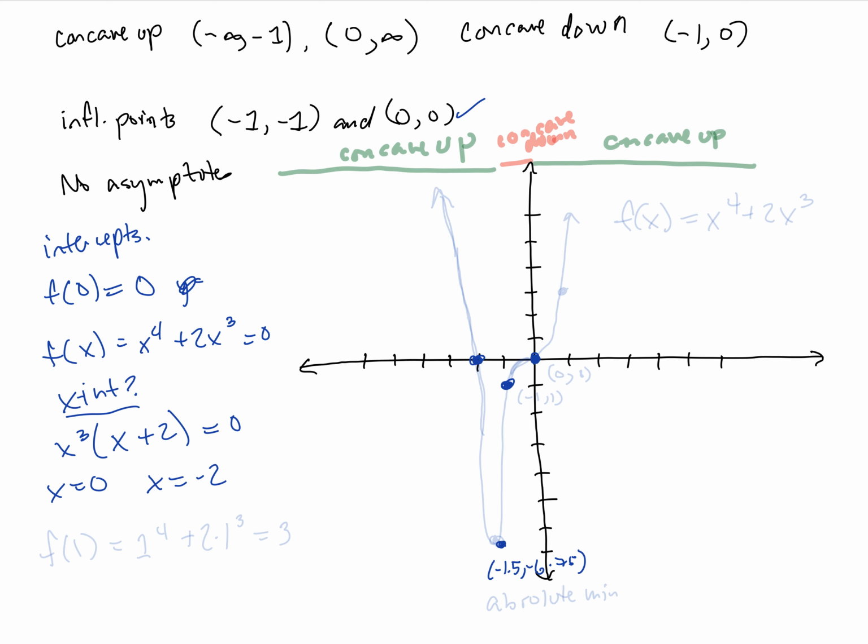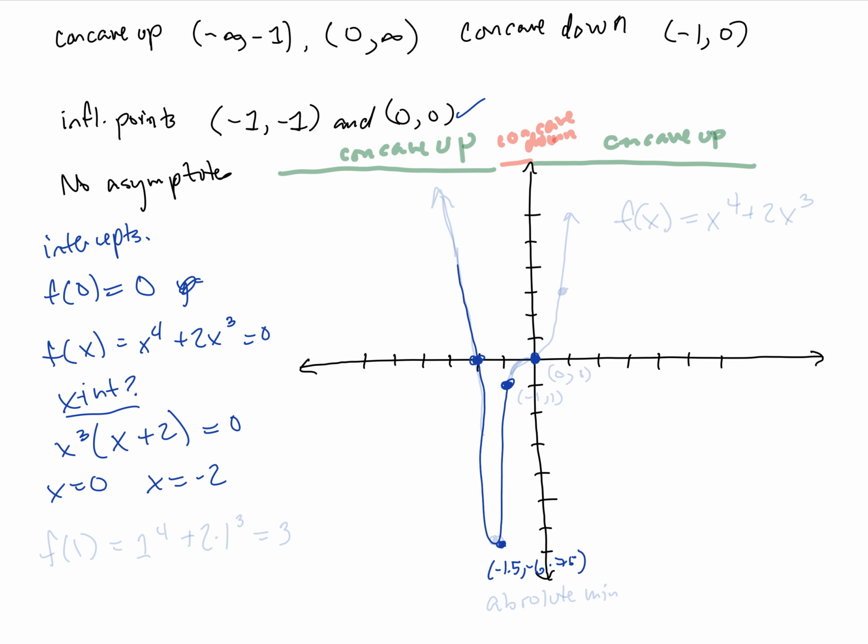So, all right, what's going on with this function? We've got that it is concave up over the interval from negative infinity up to negative 1. So it's concave up this whole way. And we can see what the function must be doing.